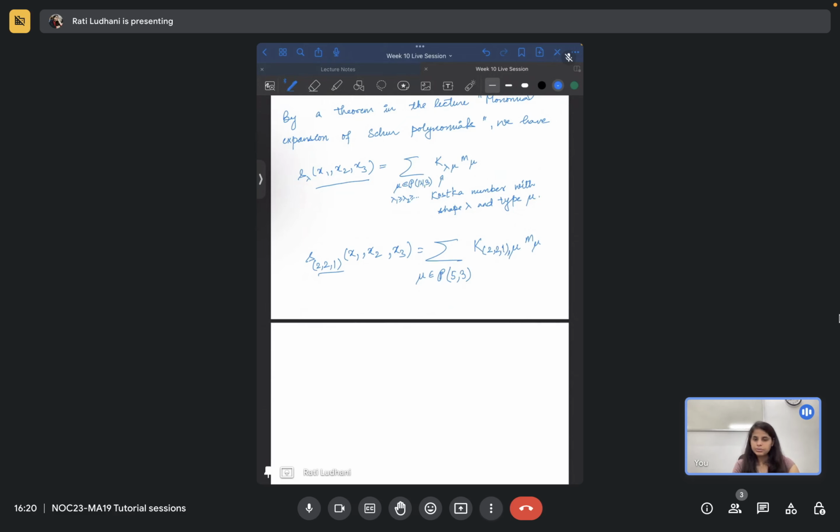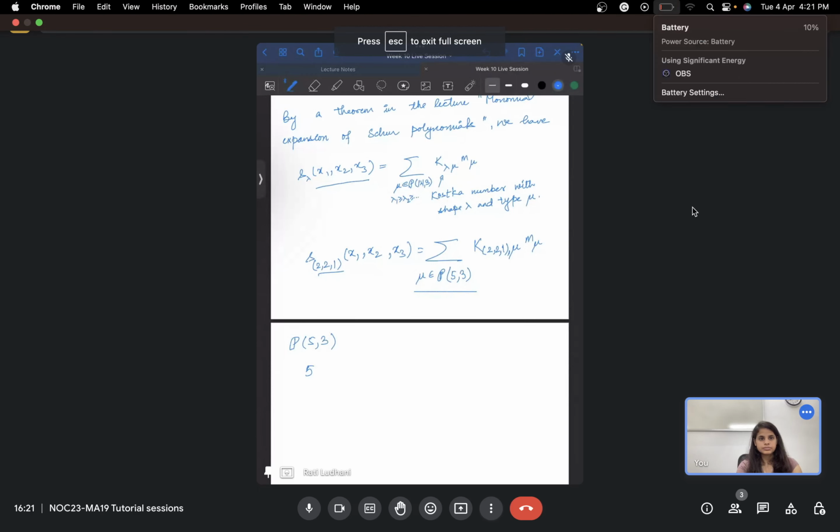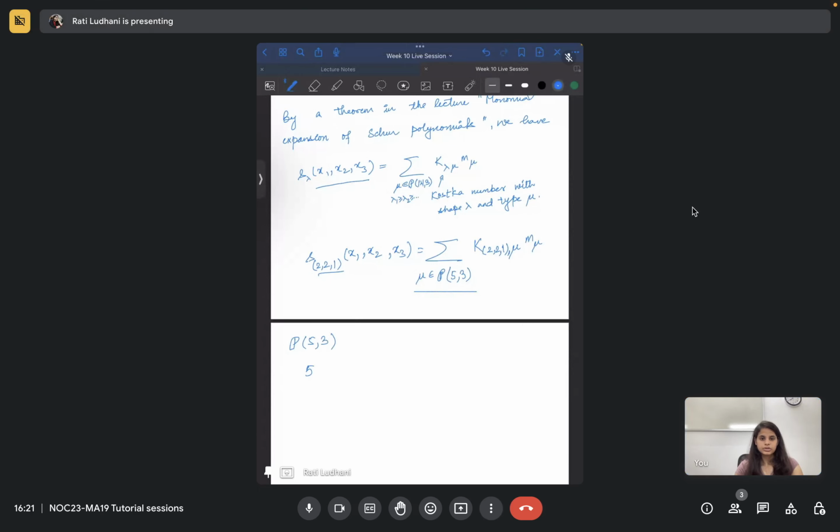We'll consider all the partitions with 3 blocks. So P(5, 3), what does this represent? You partition 5 into at most 3 blocks, you cannot go beyond that. For example, you can consider the partition (5). Degree is 5 and the number of variables is 3.